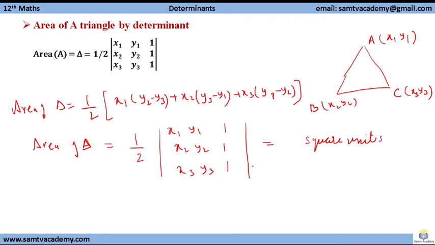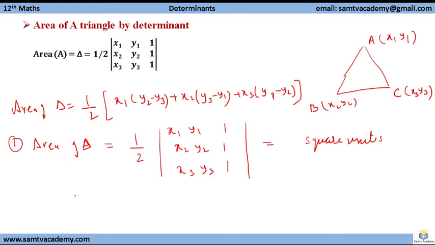So this is the first thing you need to know, and the second thing is that if you are given the area of a triangle and you have to find its coordinate. Now you know that the area of a triangle is only found for an absolute value, and you also know that the area of a triangle is always a positive value, it cannot be negative.